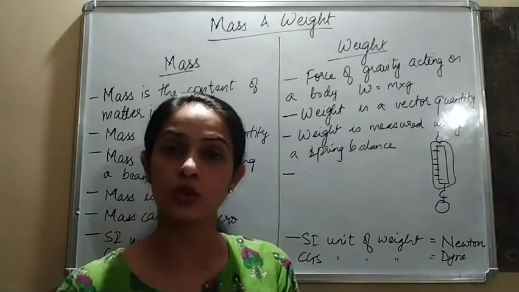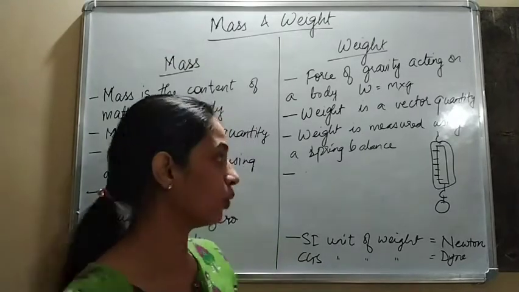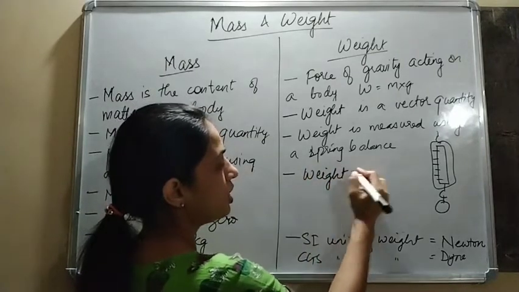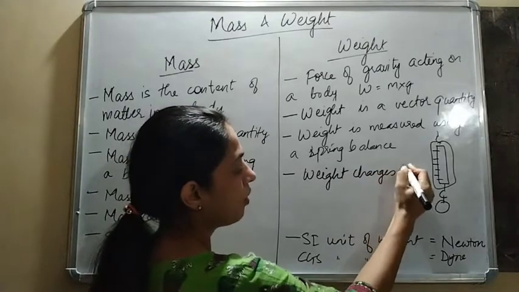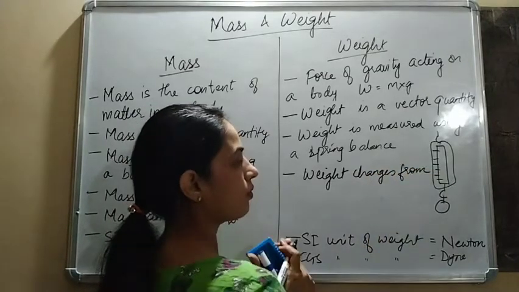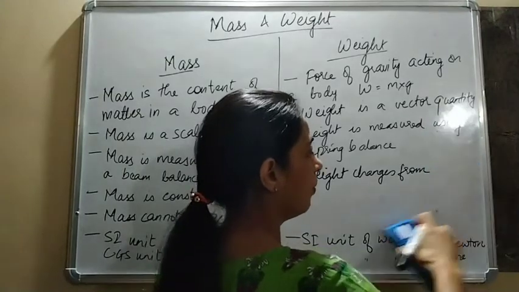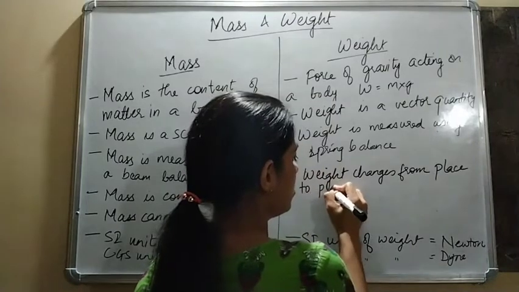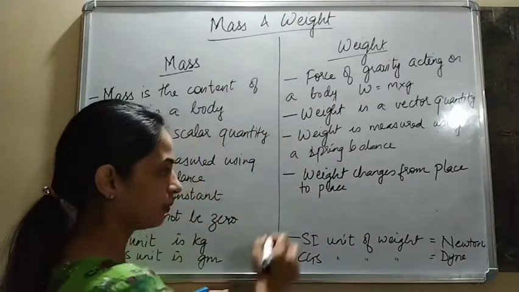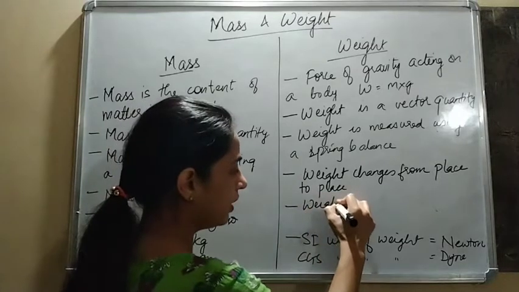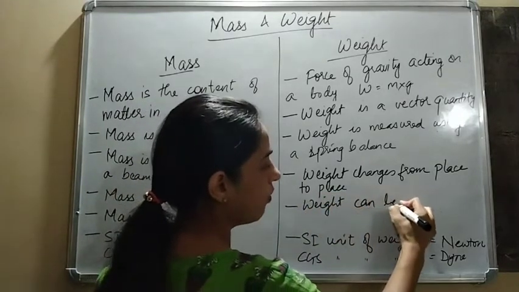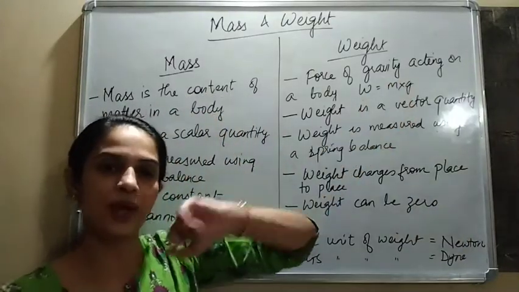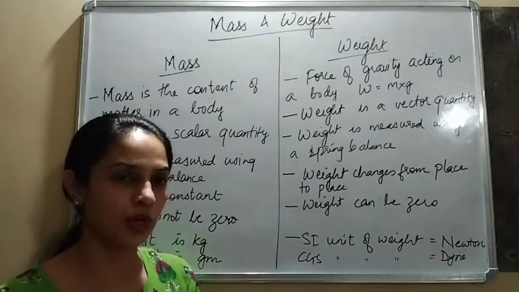So weight changes from place to place, only for changes in acceleration due to gravity. Weight of a body can be zero wherever g is zero. Places where g is zero, weight will be shown as zero.